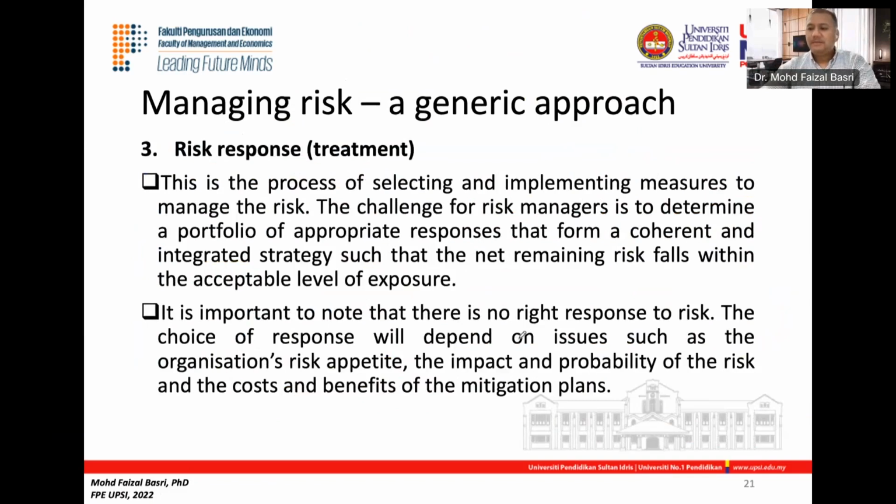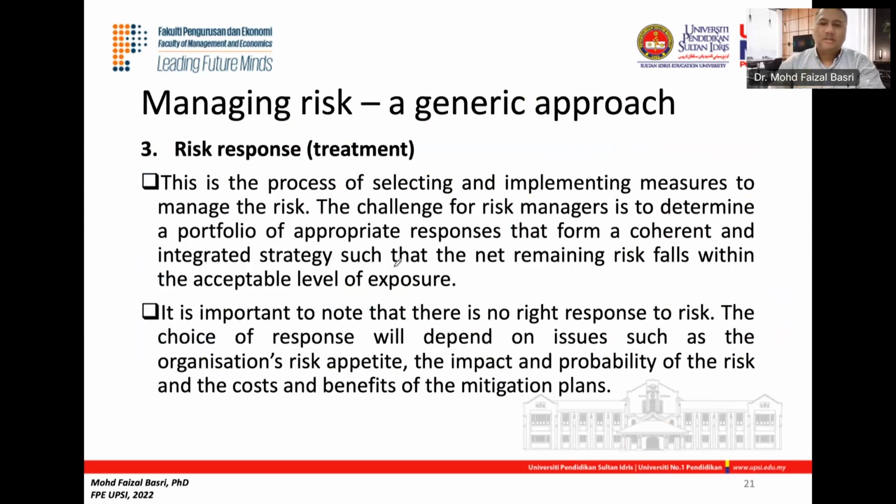Once you have a proper risk management policy and you know your risk appetite, you need to treat or respond to the risk. This is a process of selecting and implementing measures on how to manage the risk. The challenge for risk managers is to determine a portfolio of appropriate responses.